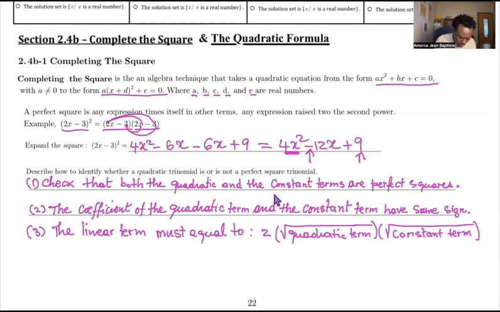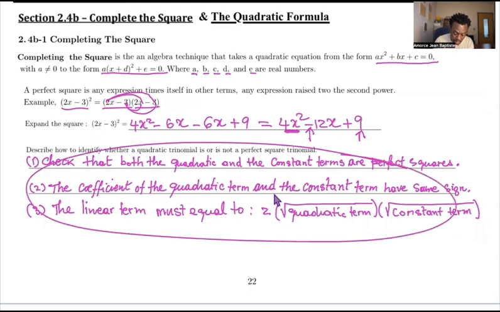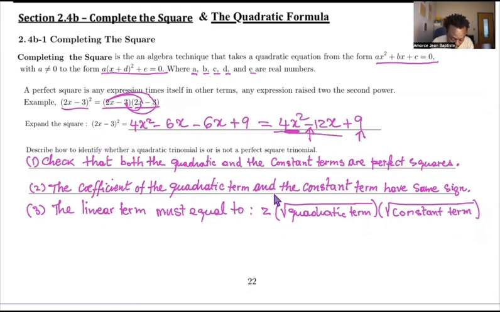So when you verify all three conditions, a quadratic expression like this will be written as a binomial square, where you take the square root of the quadratic term, 2x, the sign of the linear term, minus in this case, and then the square root of the constant term, that is 3, and then raised to the second.